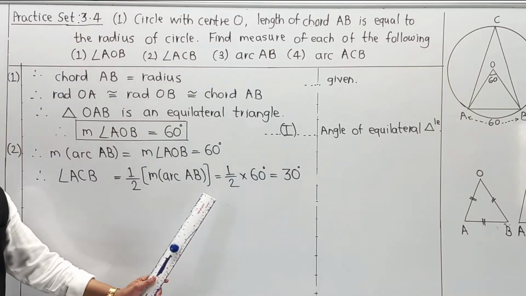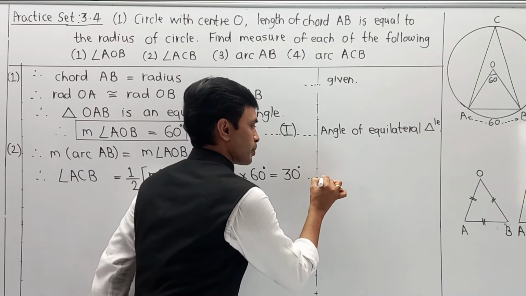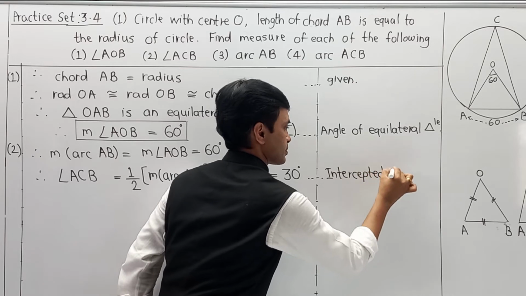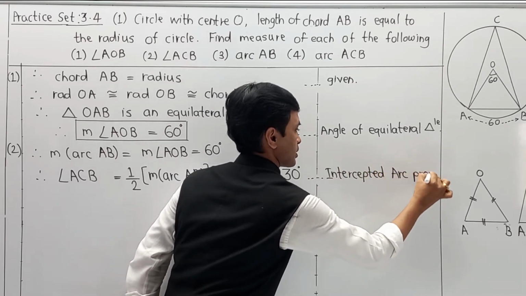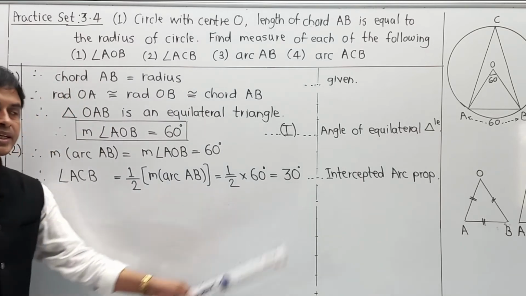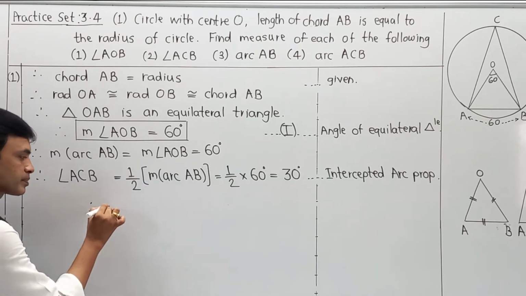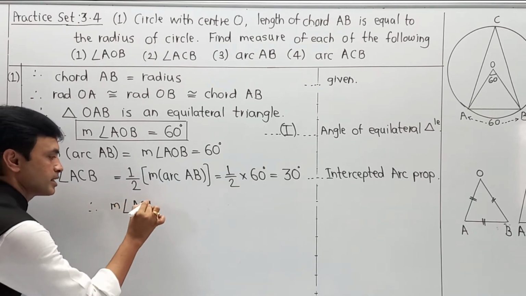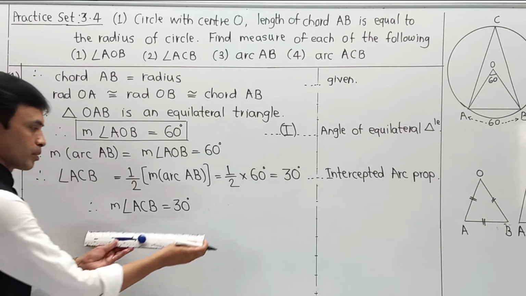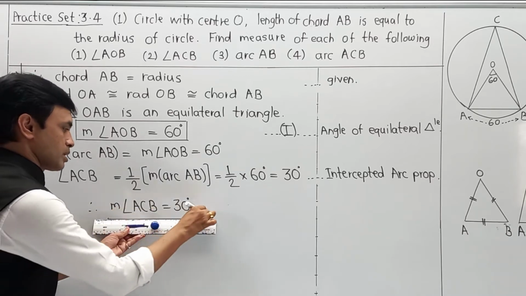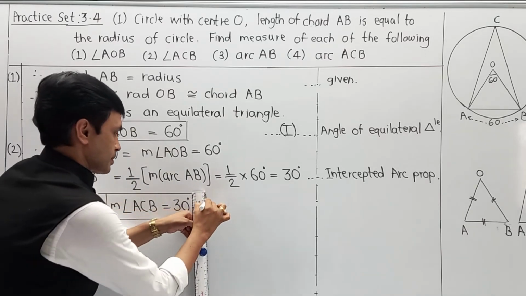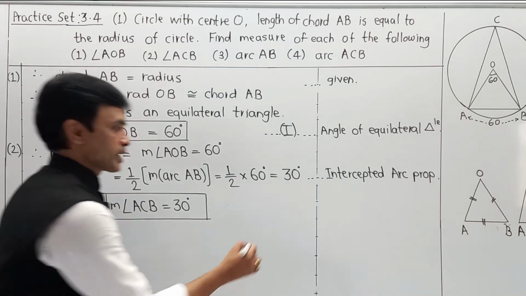Here we can write the property: intercepted arc property. Now the value of angle ACB becomes 30 degrees. Now this is your second answer, so I am going to make a box over here, and write it as equation number 2.